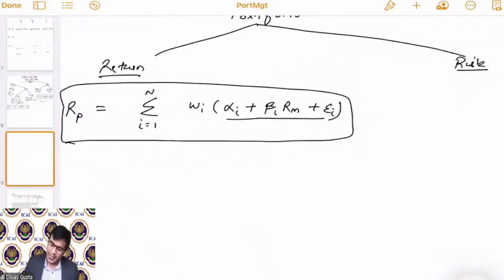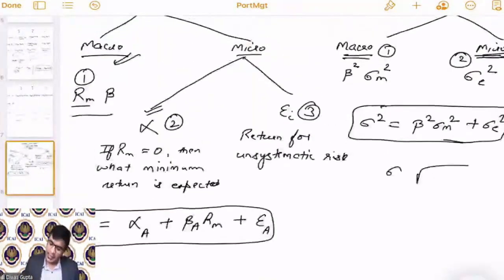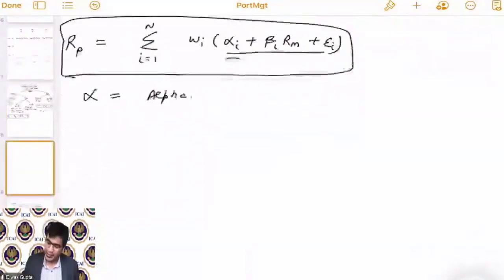Okay. Now, sometimes the question also extends and asks what is the portfolio alpha. So this is called alpha, right? As we have seen here, alpha is what? Alpha is the minimum expected return which an investor would expect even in case the market return is zero, correct? This is what alpha is.